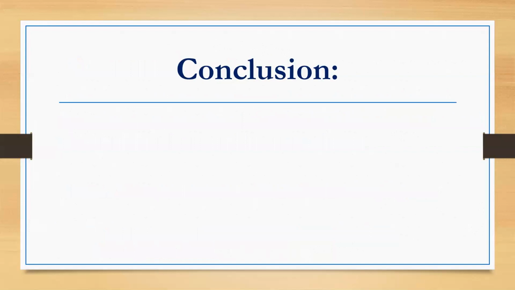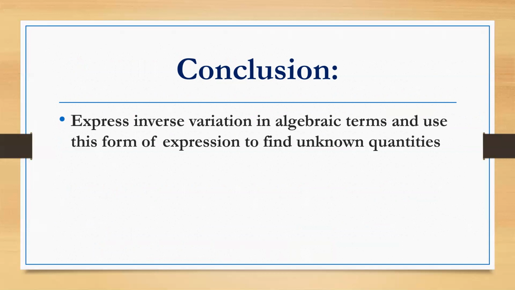So students, we have reached the end of today's lesson. Let us see what we have learned. We have learned how to express inverse variation in algebraic terms and how to use this form of expression to find unknown quantities.